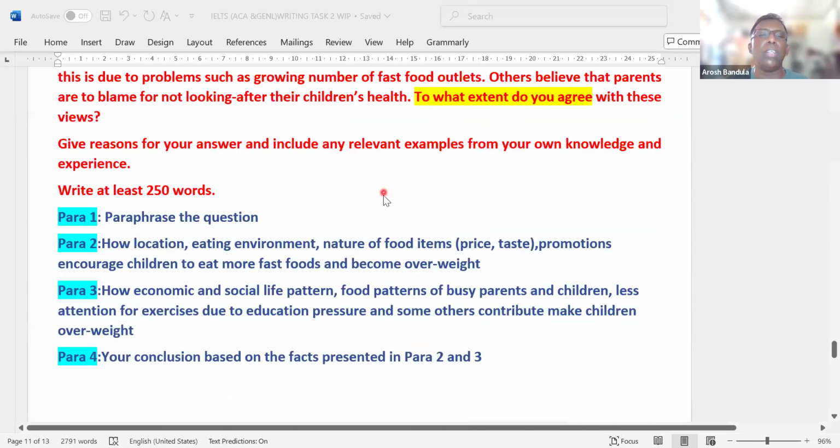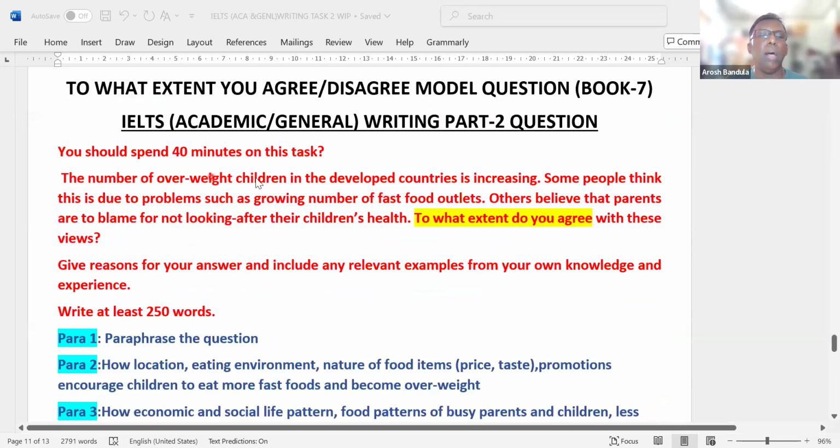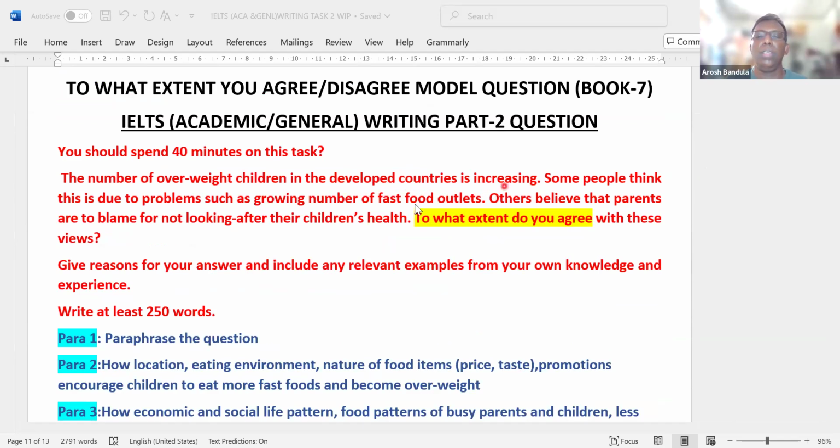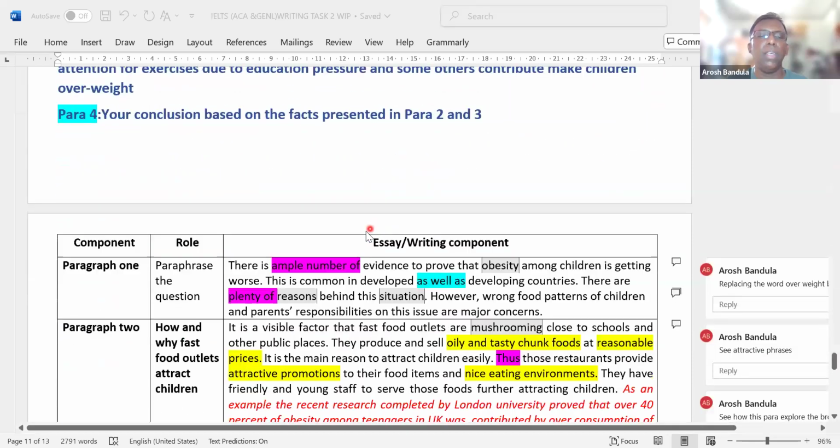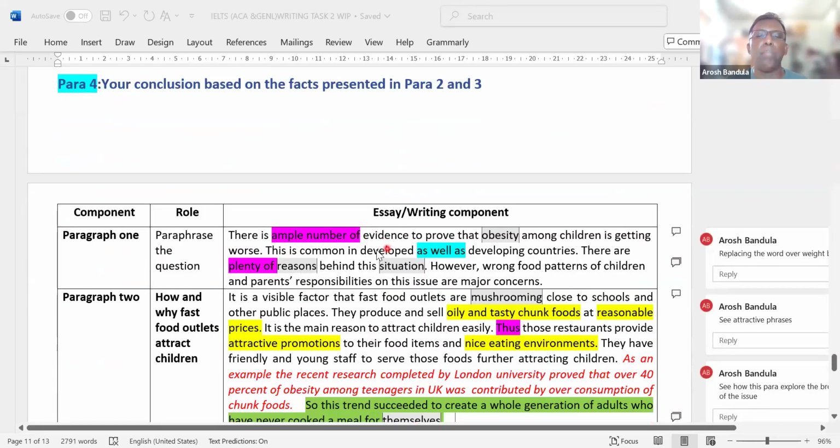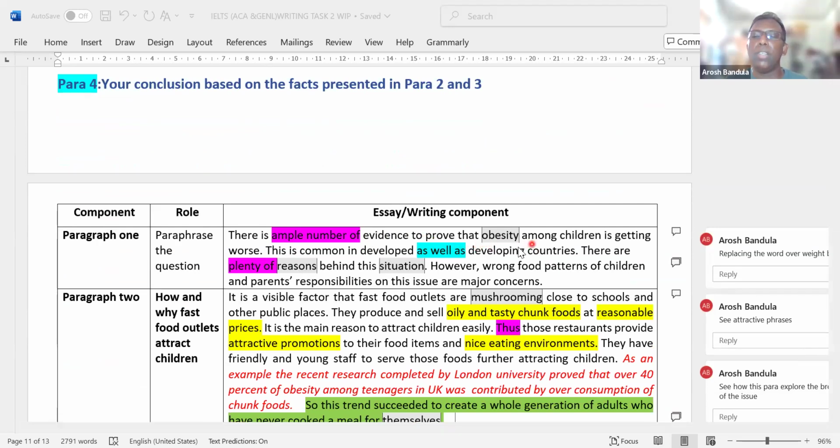The question says the same thing: the number of overweight children in developed countries is increasing. So I am saying there is ample evidence to prove that obesity among children is getting worse. This is common in developed as well as developing countries.